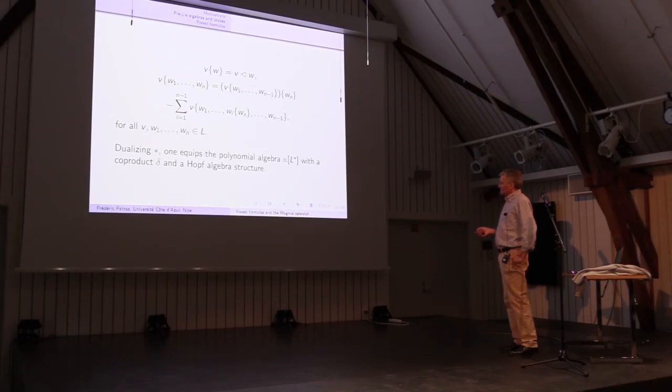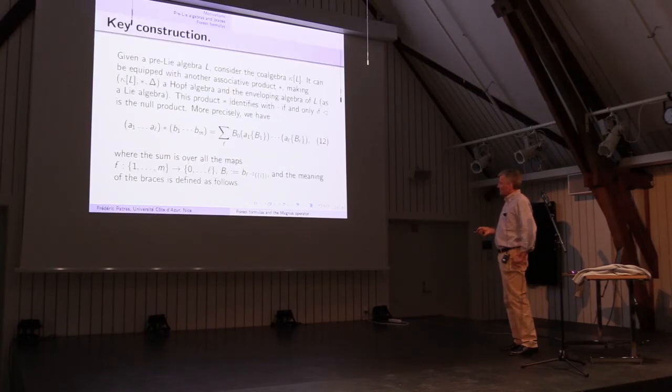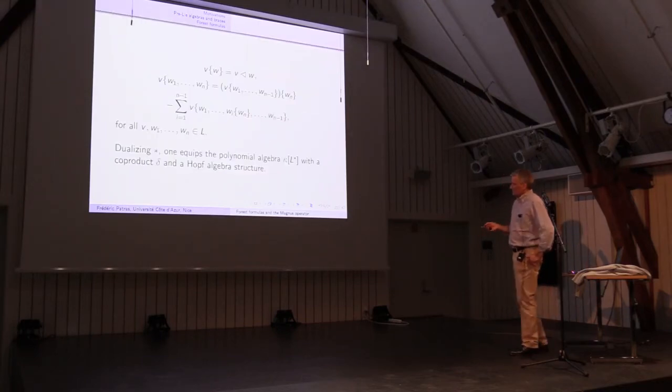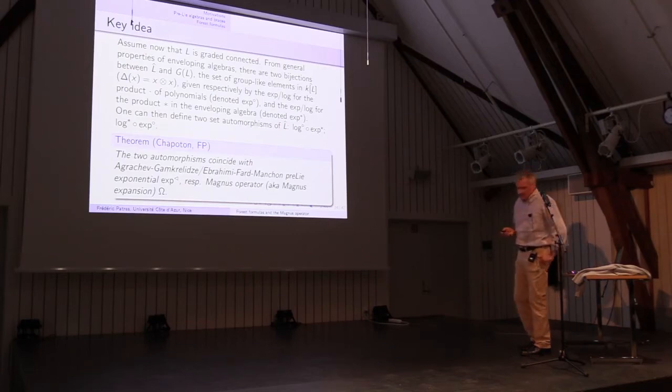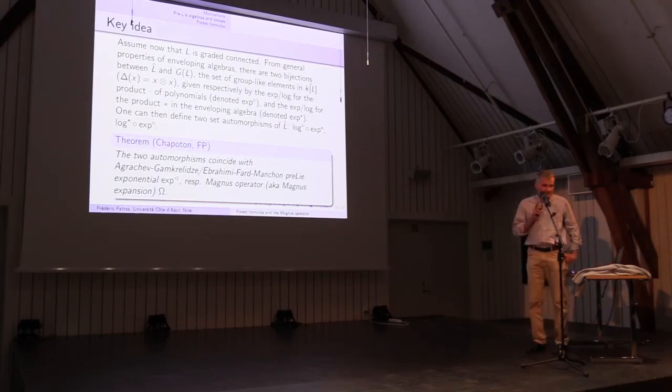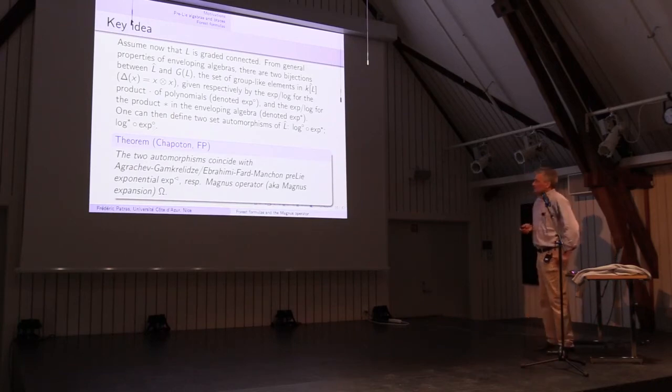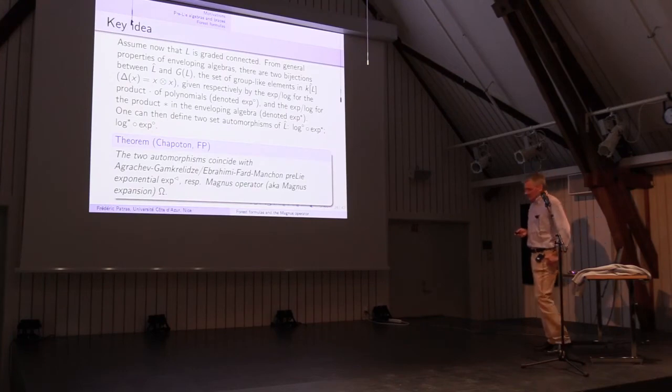If you do so, you're going to equip the algebra of polynomials over your Pre-Lie algebra with the Hopf algebra structure, and this dualizes to a Hopf algebra structure on the dual. But the nice thing after you've done this is that now you have two Hopf algebra structures on the same polynomial algebra: one coming from the product of polynomials, one coming from the associative product that describes the enveloping algebra structure of the Pre-Lie algebra.